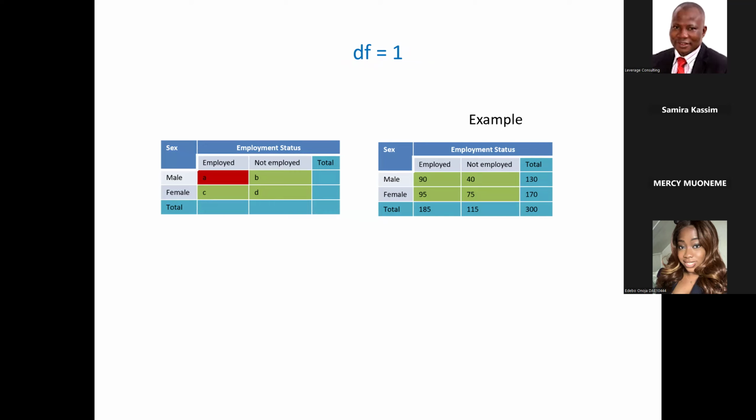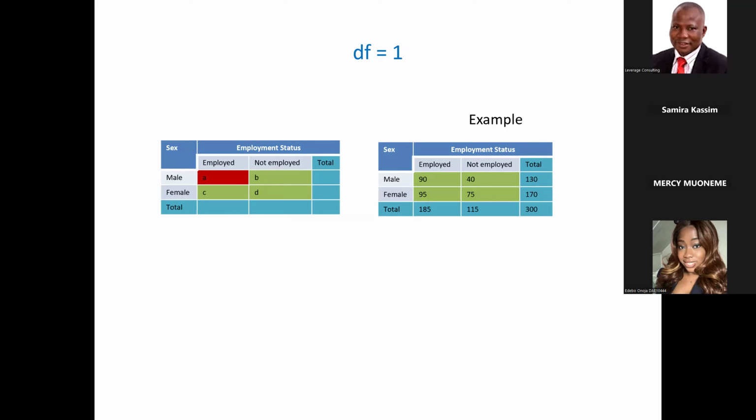How many can vary in value? If you change 19, you cannot change another one. Or if you change 40, you cannot change another one, because we have 19, 40, 95, 75, and the totals, both horizontal and vertical, are already fixed.